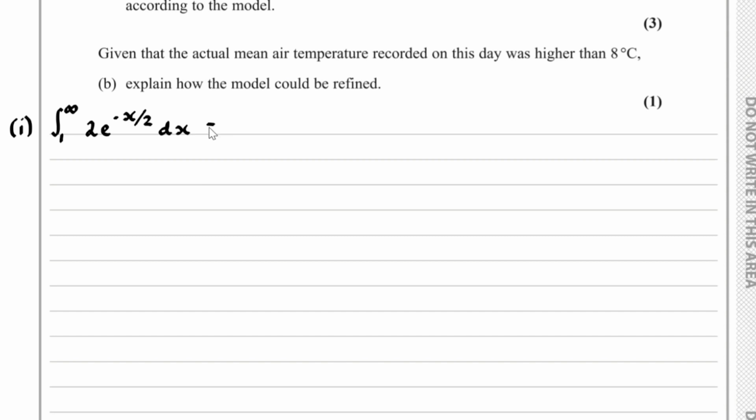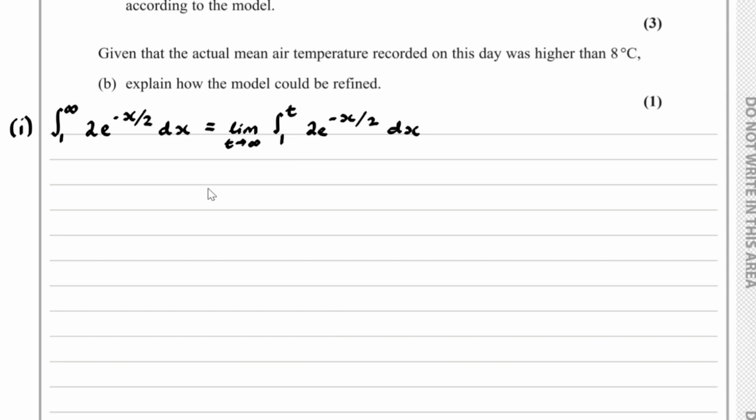And the way we approach this, well, you can see our upper limit is an infinity. So we need to take the limit as t tends towards infinity of the integral from 1 to t of 2e to the power of minus x over 2 with respect to x.